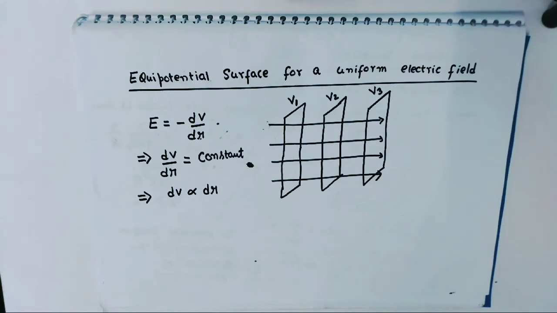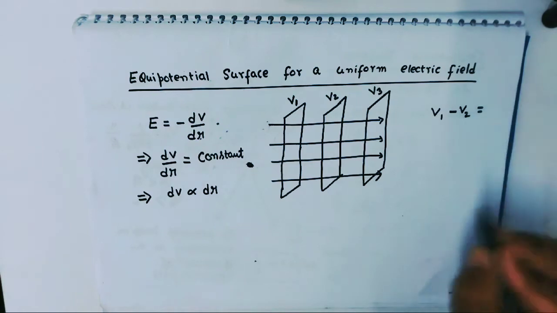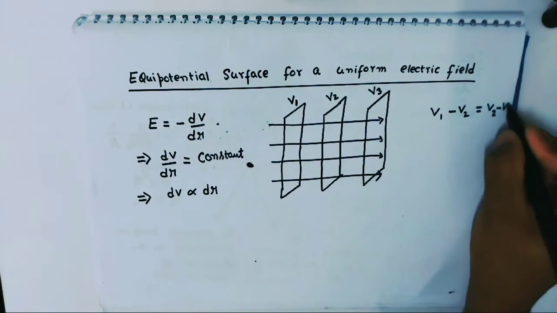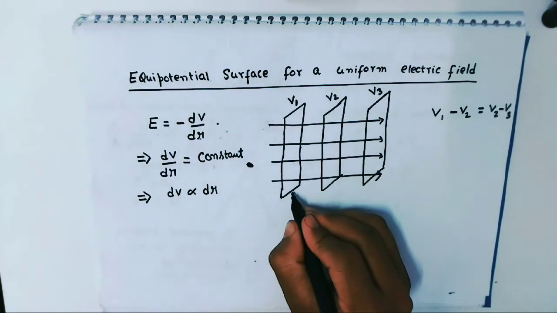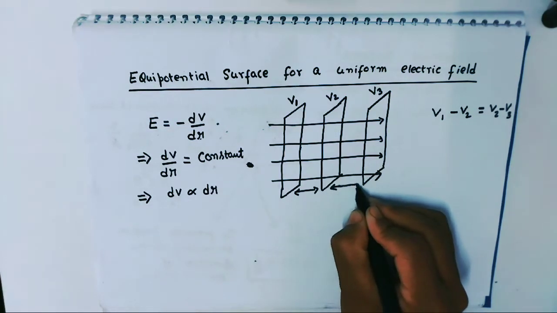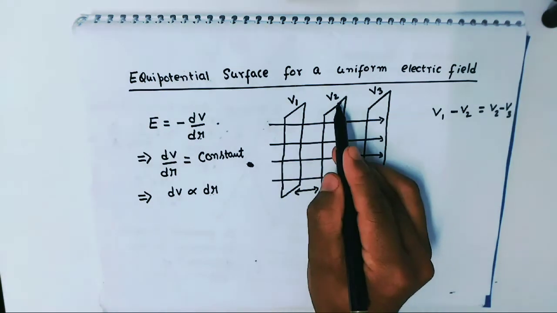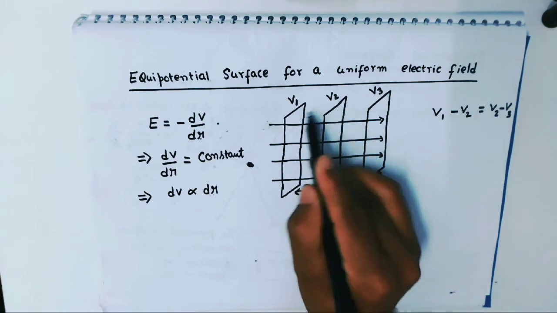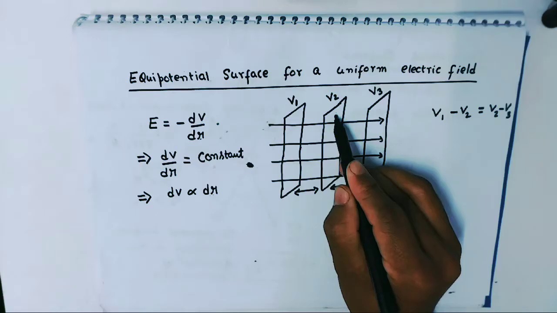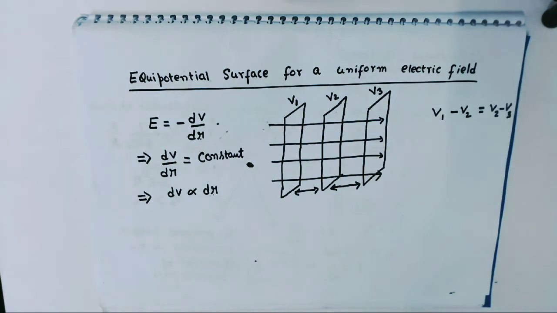So remember, if V1 minus V2 is equal to V2 minus V3, then the spacing between these two equipotential surfaces is also the same. dV is proportional to dr. So this equation shows that if the difference in potential between these surfaces is equal, then the spacing between these equipotential surfaces is also the same.